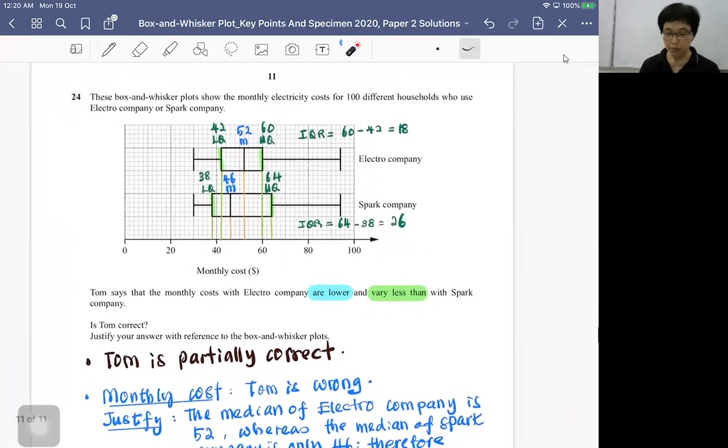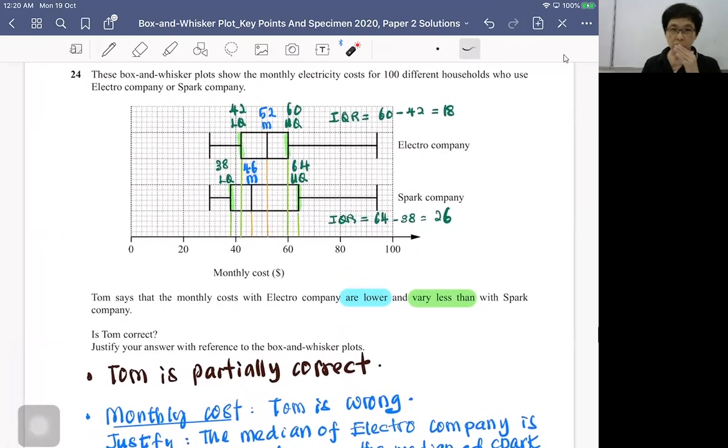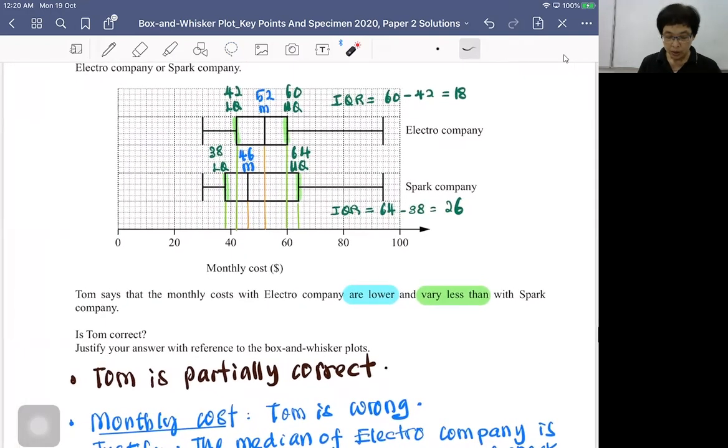Here, before we actually put down a pen and write something, it is always best to start with studying the information that was represented there. Here we go. Tom said that monthly costs with Electro company are lower.